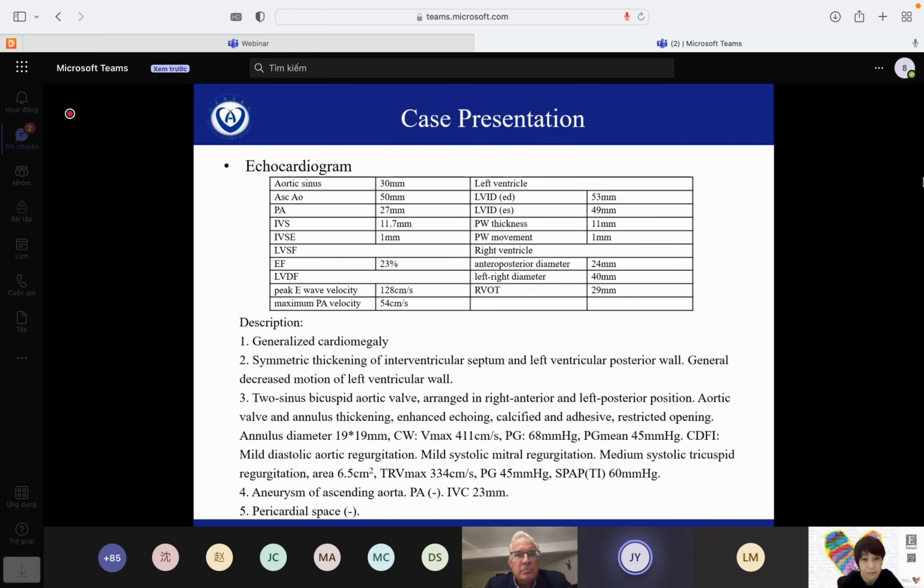She had an enlarged left ventricle, with an end-diastolic internal diameter of 53 millimeters. Her interventricular septum was thickened at 11 millimeters.